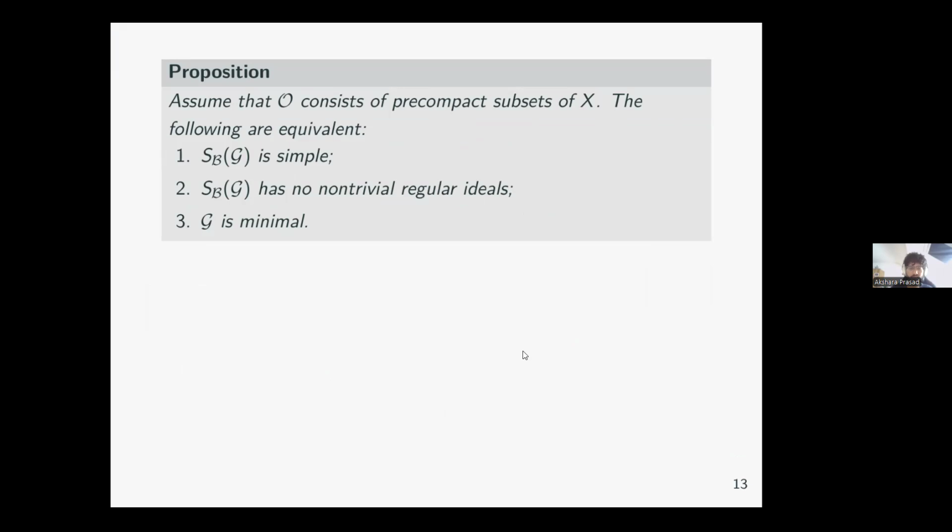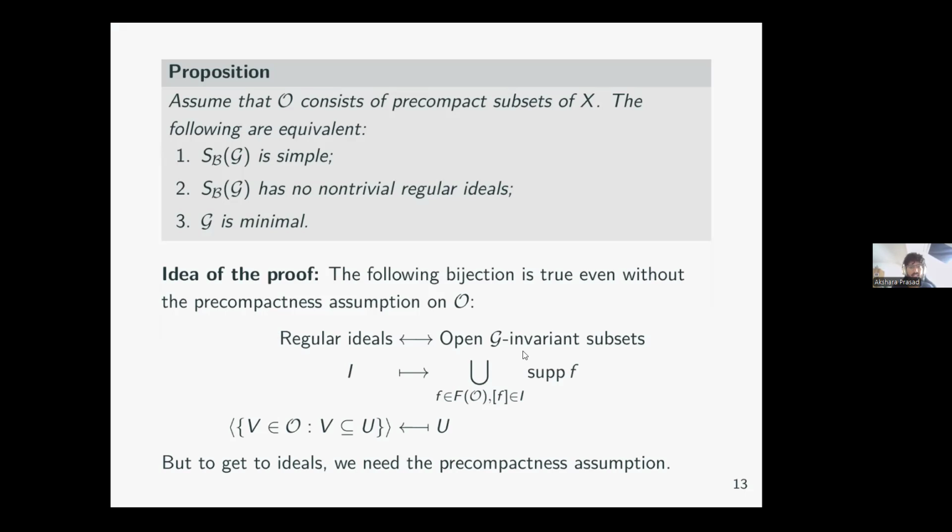If I assume that O has only pre-compact subsets, then it's equivalent that the type semigroup is simple, that is, there are no non-trivial ideals, which is the same as it having no non-trivial regular ideals, which is the same as the groupoid being minimal, that is, it has no open G-invariant subsets. And we have a bijection between regular ideals and open G-invariant subsets.